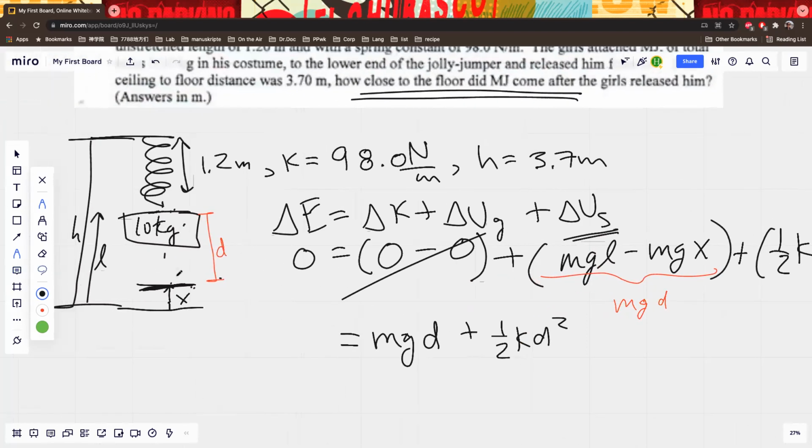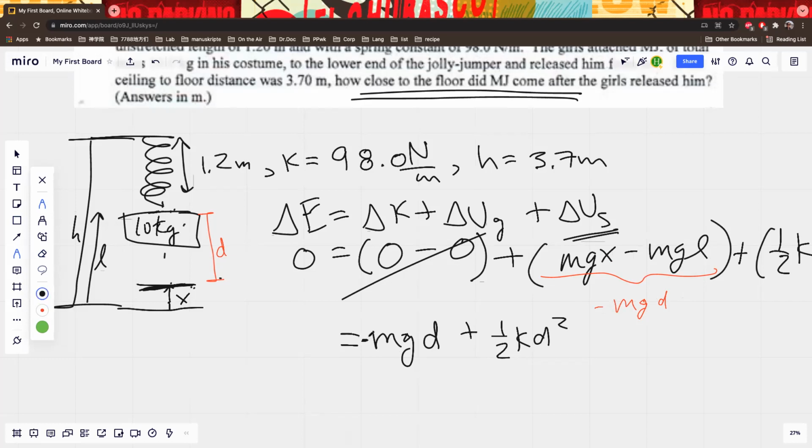This is MGX minus MGL, so that's the wrong way around. This should be MGX minus L. So that was actually negative D. I see. I had this, yeah, so negative.